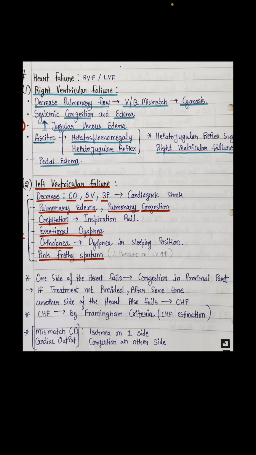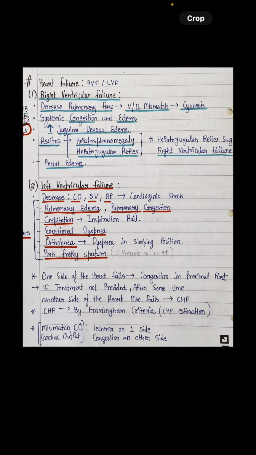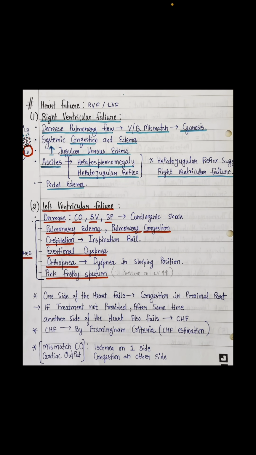I wanted to highlight this part because our last patient had left ventricular failure. Acute left ventricular failure doesn't mean that the problem is confined to the left ventricle. If the patient doesn't get treatment, what problems will he have?